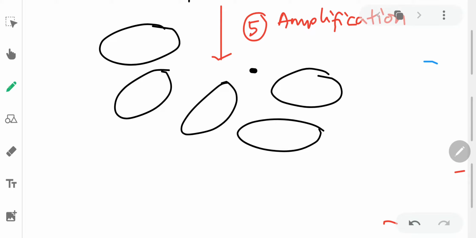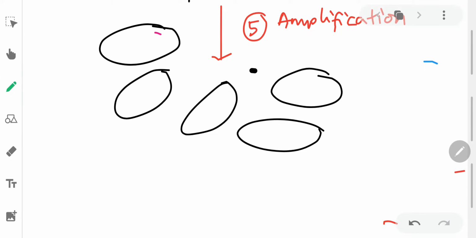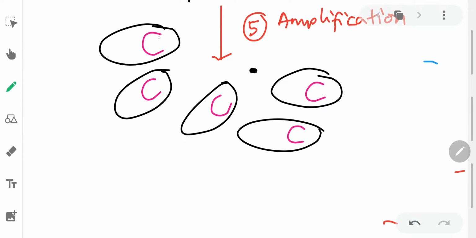Okay, because the plasmid ini dia ada gene yang kita panggil sebagai ORI. So because of the gene ORI, maka plasmid ini boleh replicate.